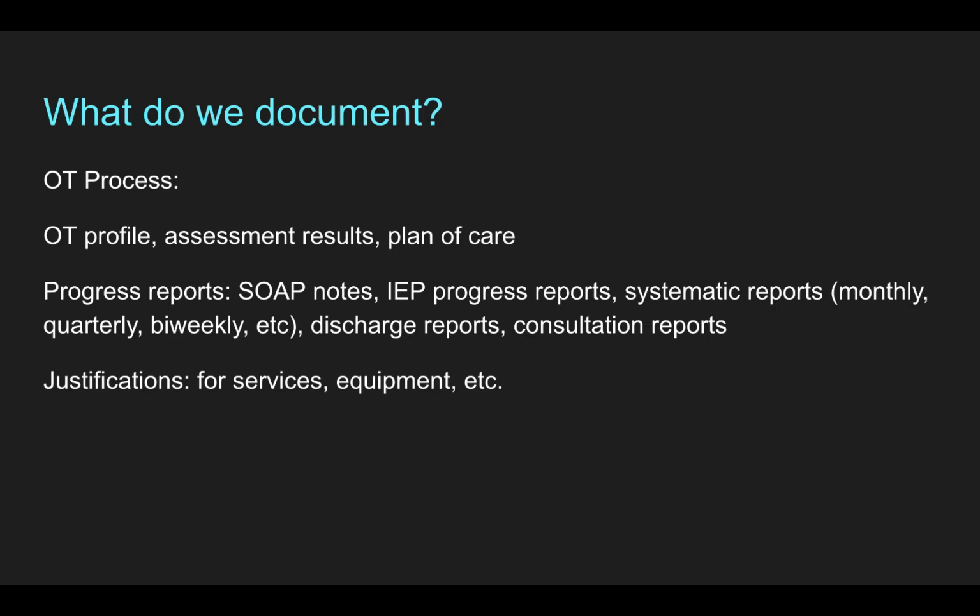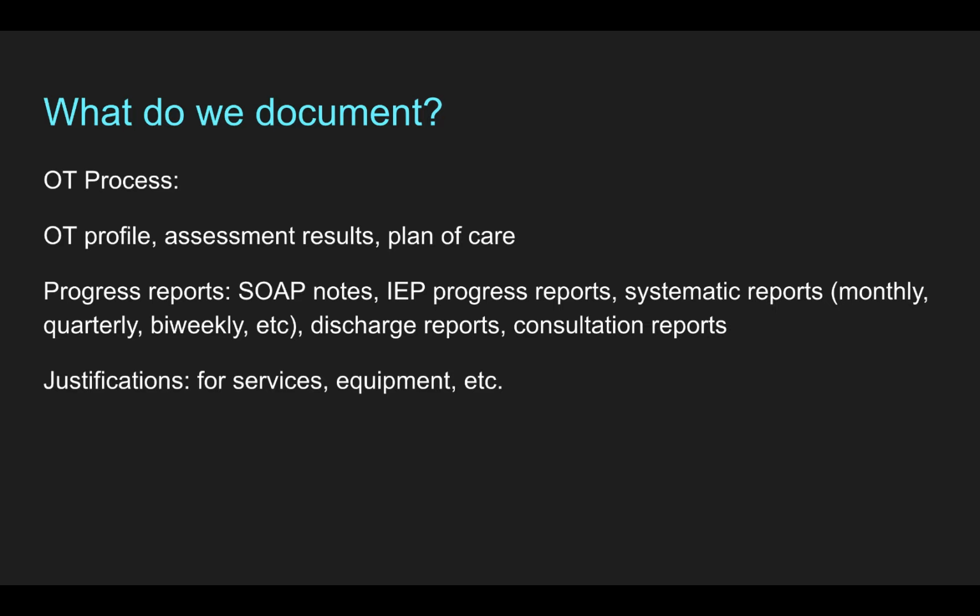So now I want to talk a little bit about what we document. We document components of the OT process. Remember what the OT process is? This is the OT profile, or the occupational therapy profile. This is that information about the client, that client story. Then any standardized testing that we complete, the results from those tests or assessments are documented.